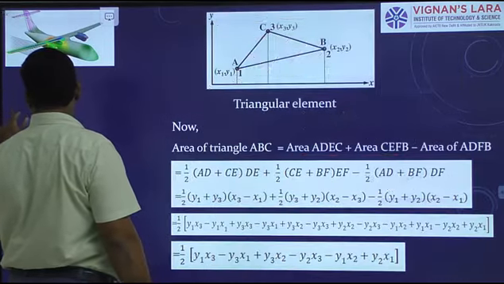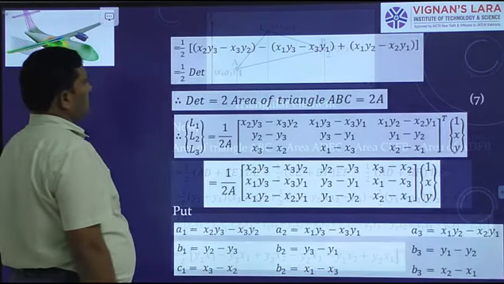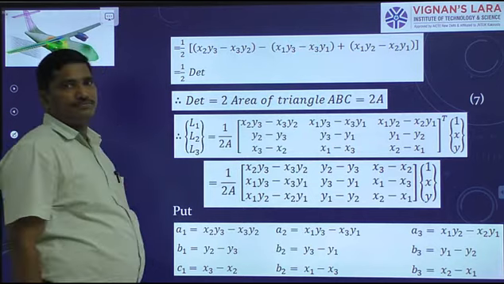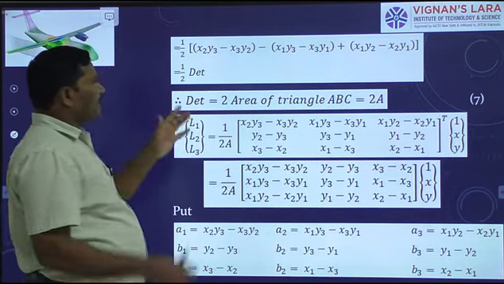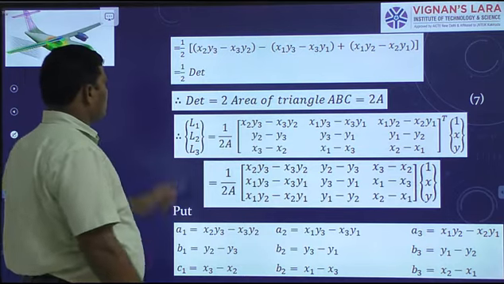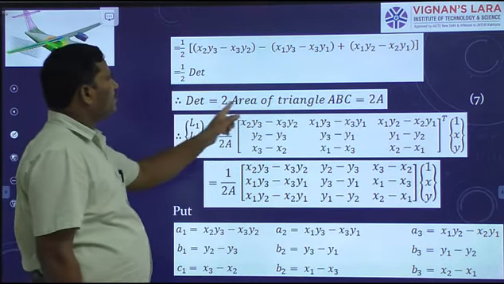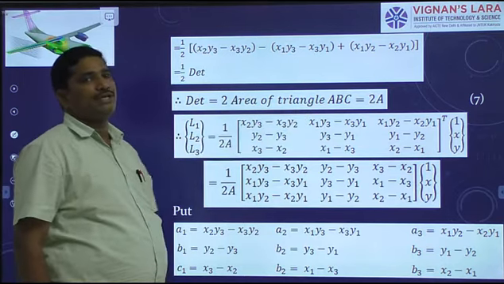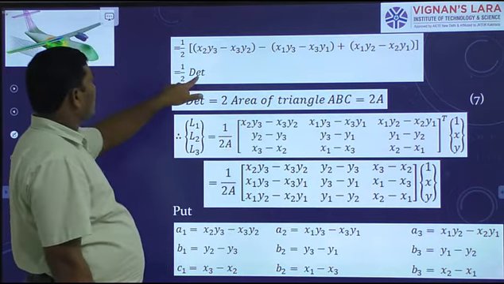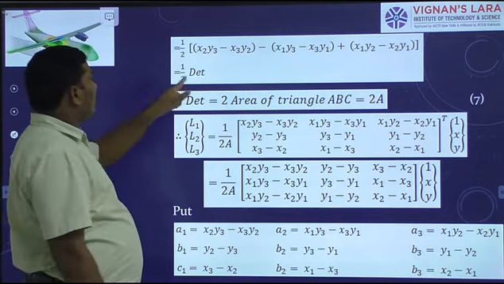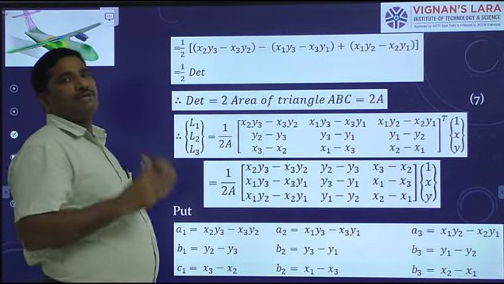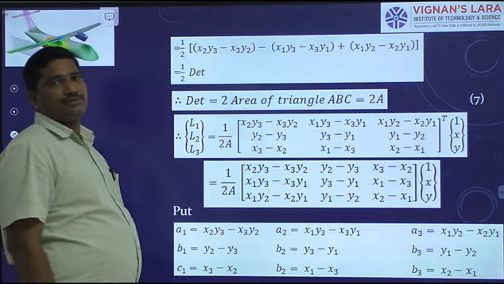Therefore, you get. Right? Now, the determinant of that matrix equals 2 into the area of the triangle ABC. We have here 1 by 2 into the determinant. So, area of the triangle equals 1 by 2 into the determinant of that matrix. Okay.